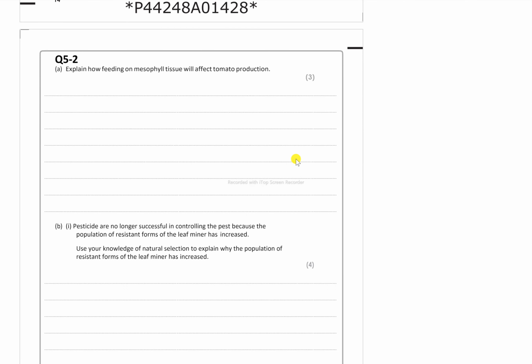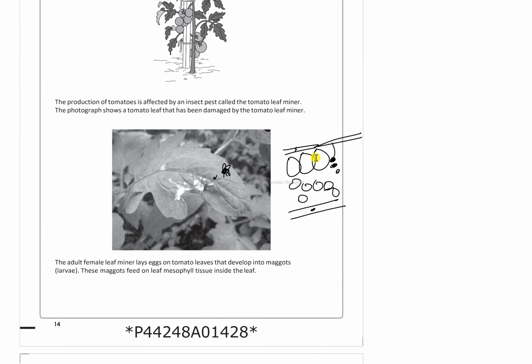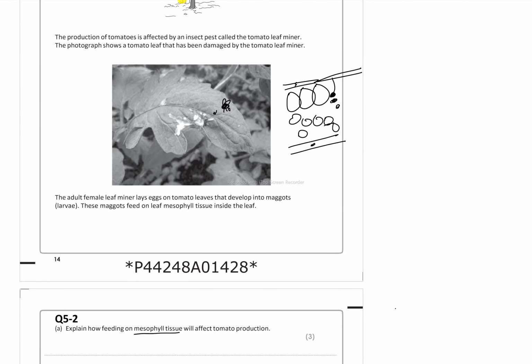Explain how feeding on the mesophyll, that's the middle layer. This bottom bit is the spongy mesophyll layer, and this here is the palisade mesophyll layer, really technically, I think.